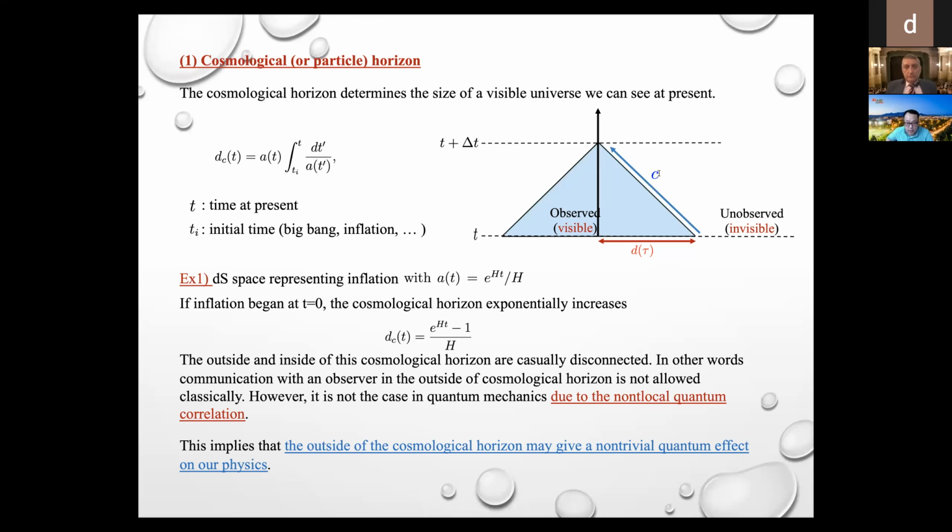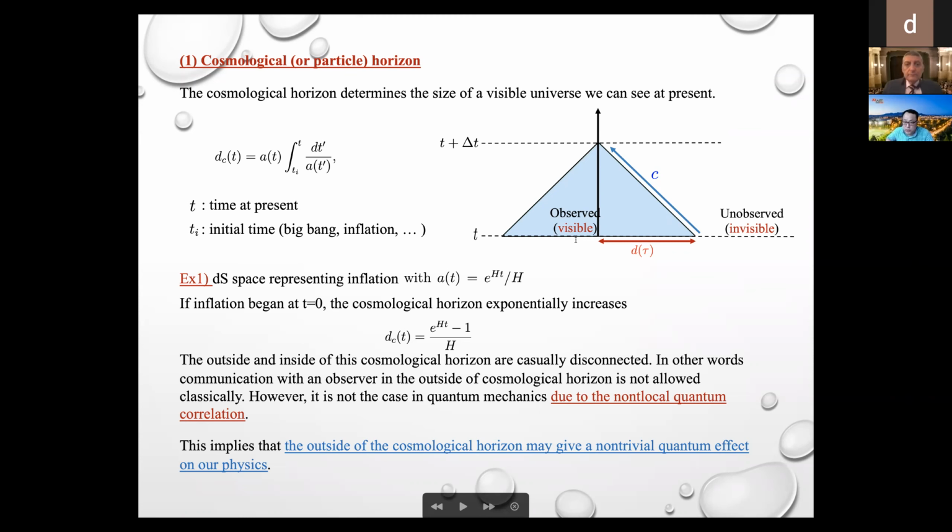So these two regions, visible and invisible, are causally disconnected. Classical information cannot move faster than the light velocity, so there is not any correlation at the classical level.